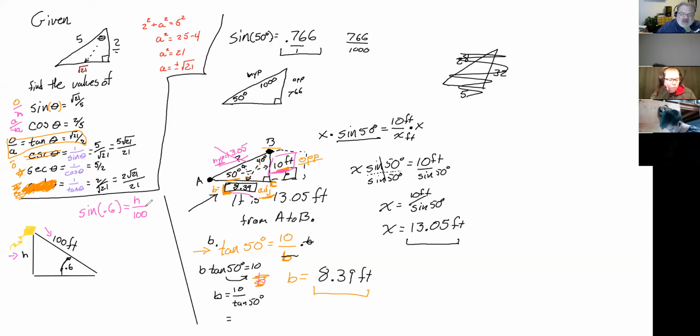We use h for height so often, it's really good to always abbreviate hypotenuse, HYP, because you don't want to start thinking of h as hypotenuse, since that gets confusing with height. So the sine of 0.6 is h over 100. This one's nice because the variable's on top, so all we have to do is multiply by that 100. And so we're going to get 100 times the sine of 0.6.